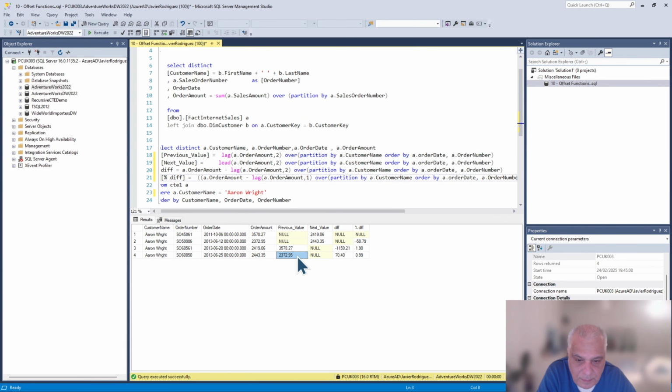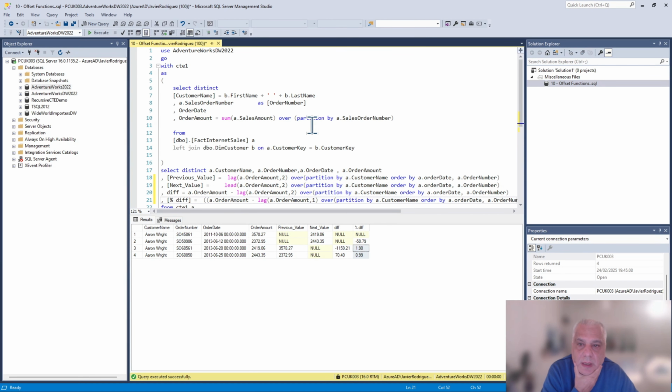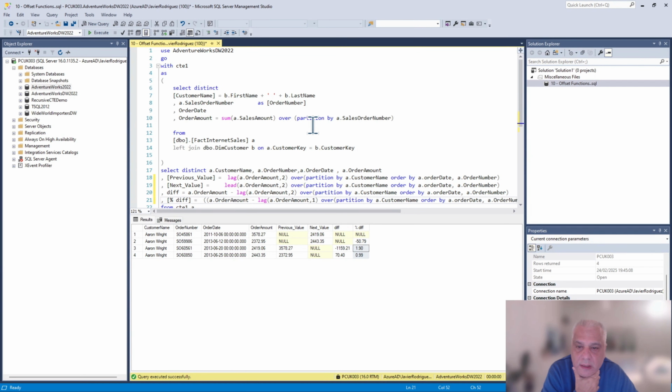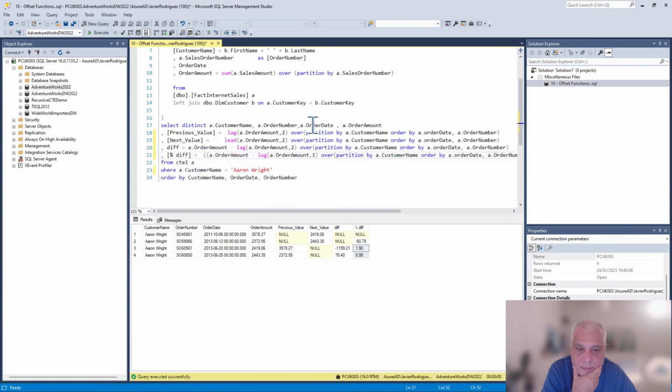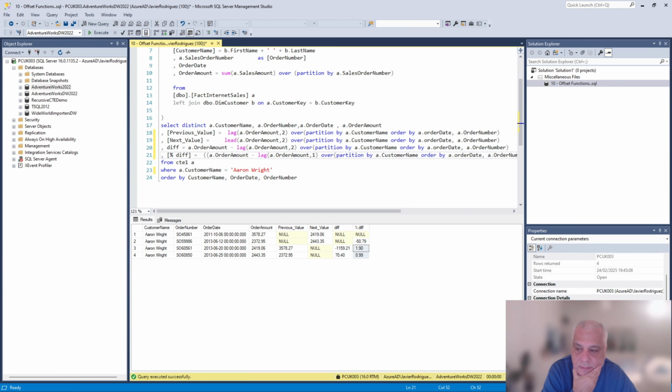Comparing with the previous one is almost 100%. Okay, so I think for this lead and lag function, everything is done.